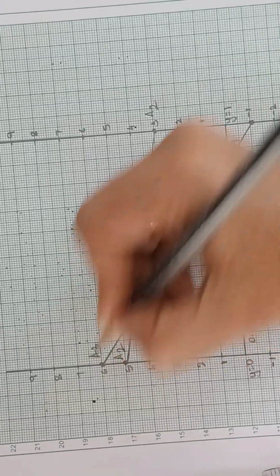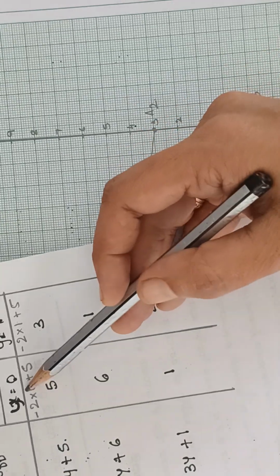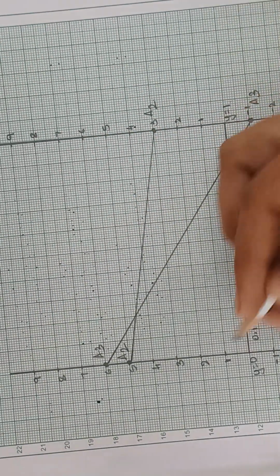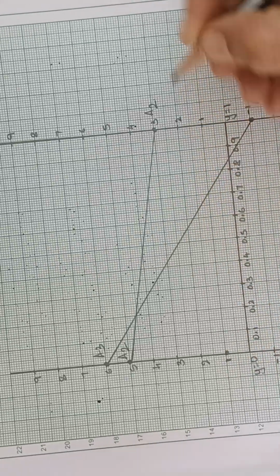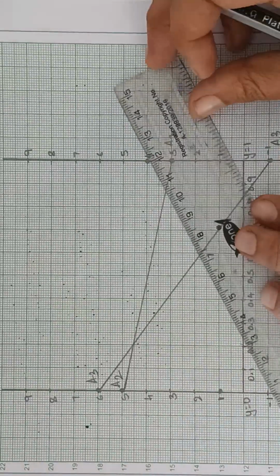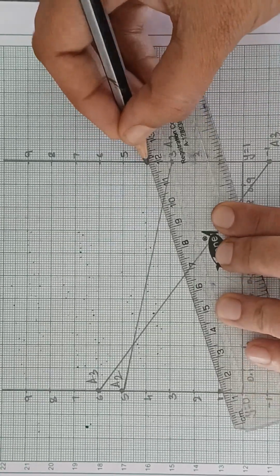Now last values, 1 when y is equal to 0 and 4 when y is equal to 1. So here is 1 and here is 4. Let's join the points to frame the straight line.